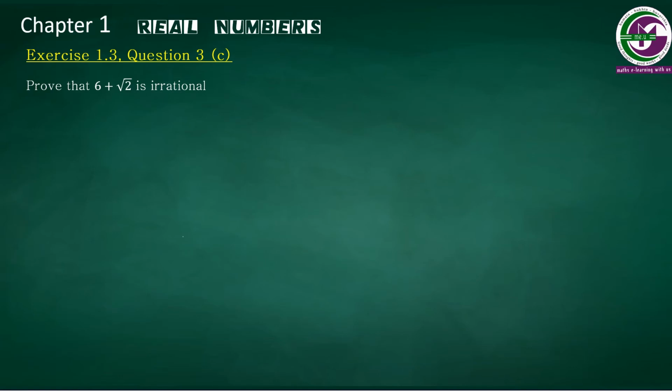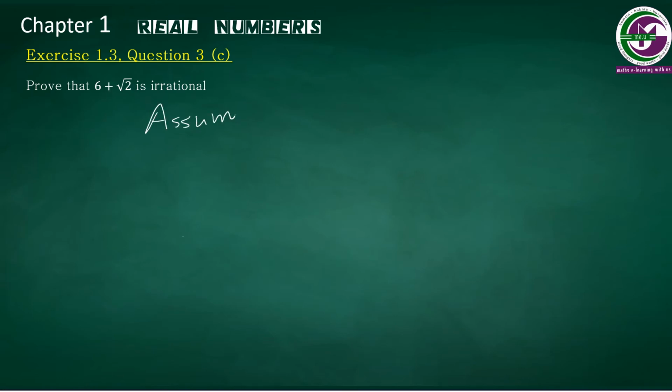Now the last question of this exercise 1.3, question number 3c. Prove that 6 plus root 2 is irrational. Like the previous questions, to the contrary, we'll assume 6 plus root 2 is rational.